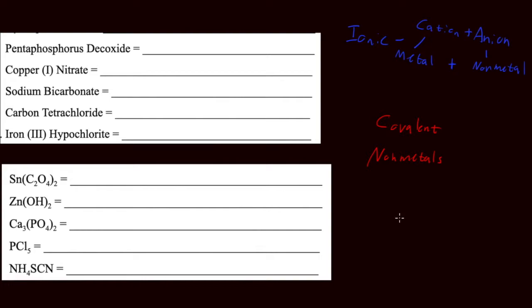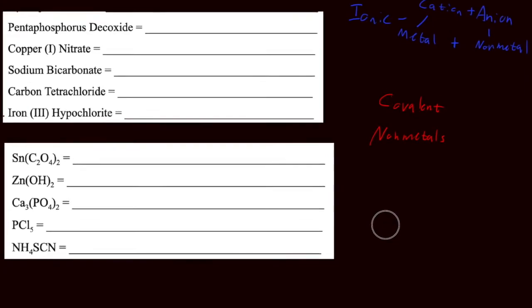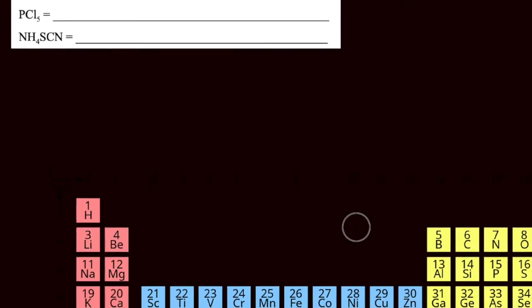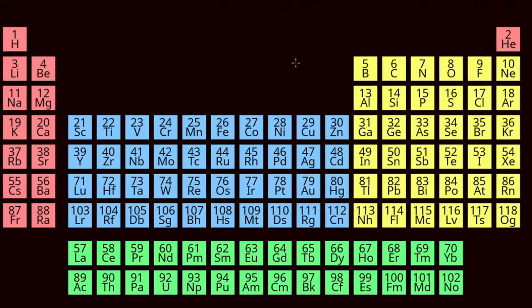So let's look at metals versus nonmetals. If I look at a periodic table here, where are my metals? I'm going to draw a little staircase here. Okay, so we've got a staircase.